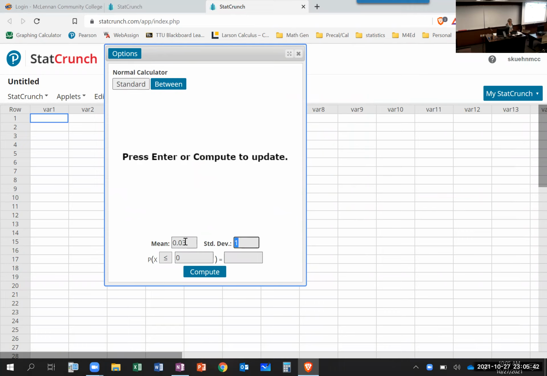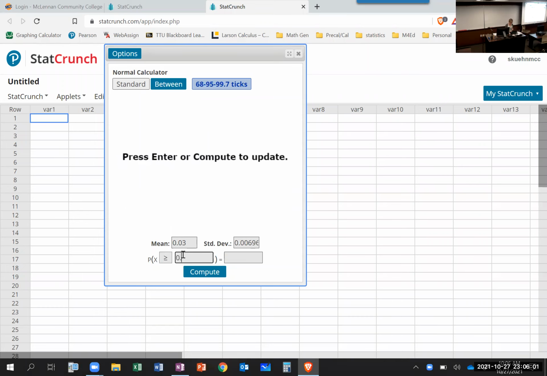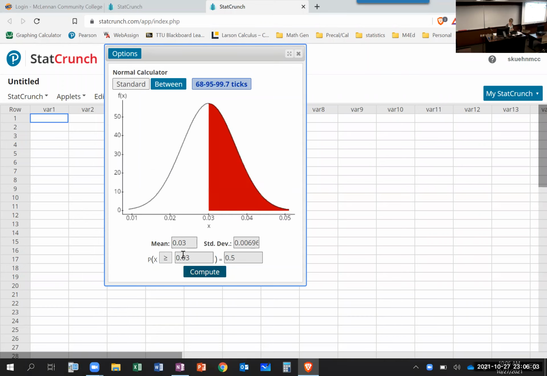The standard deviation is the standard deviation of the sample proportions, which we calculated and found to be 0.006964. The question is, what's the probability that I get a sample proportion greater than 0.03?